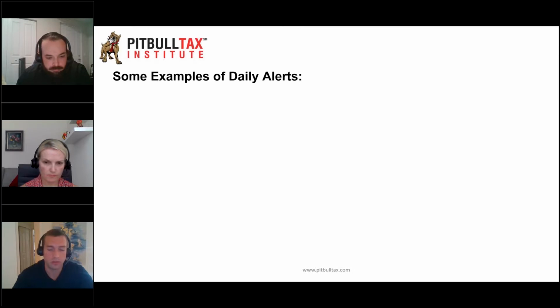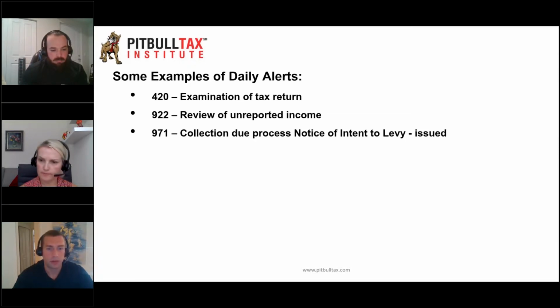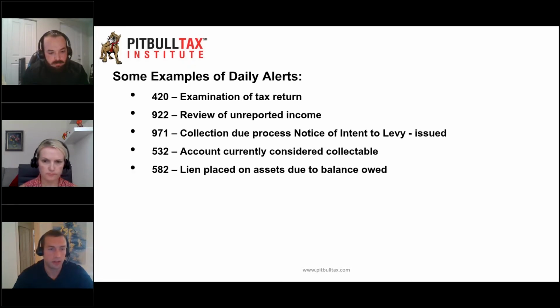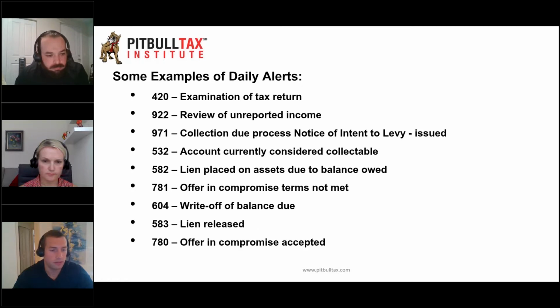Some examples of things that you'll be alerted for before your client receives that notice in the mail are: examination of tax return, review of unreported income, collection due process notice of intent to levy issued, account currently considered collectible, lien placed on assets due to balance owed, offer in compromise terms not met, write-off of balance due, lien released, offer in compromise accepted.